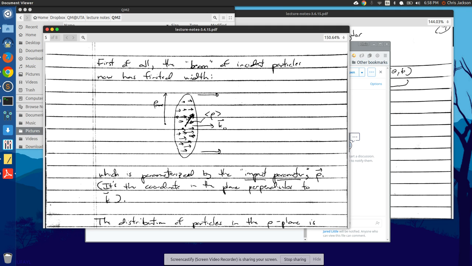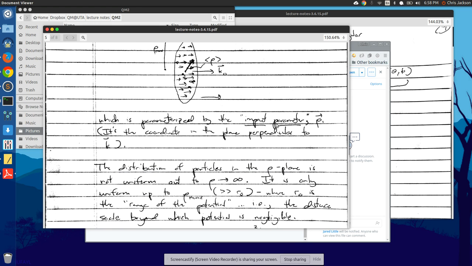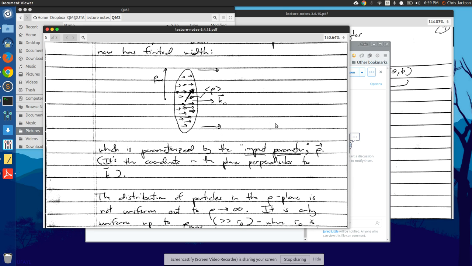And this spread is not evenly distributed, so it's kind of uniform in the middle, but then that uniformity dies off as you go out away from the axis. This direction we typically call rho, and so rho will have some maximum value that we call the impact parameter.